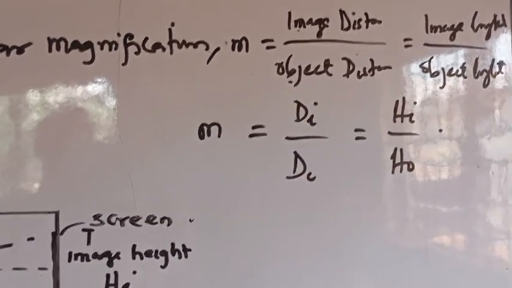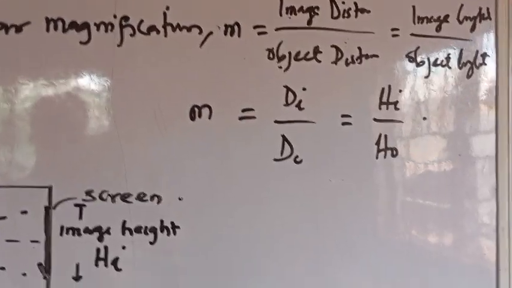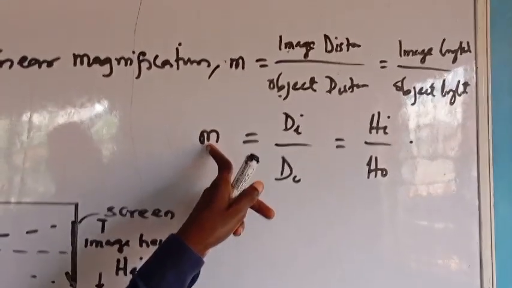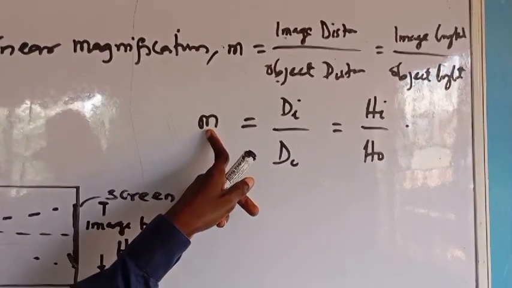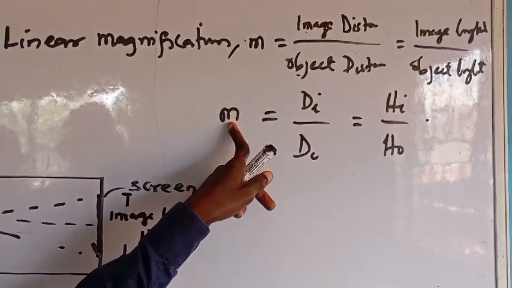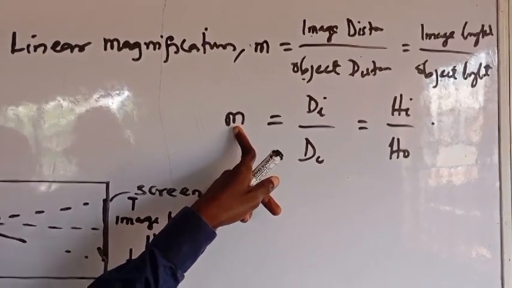But now I want to show you something. I want you to know that this magnification you are seeing here is equal to the tangent of an angle. Look at me.